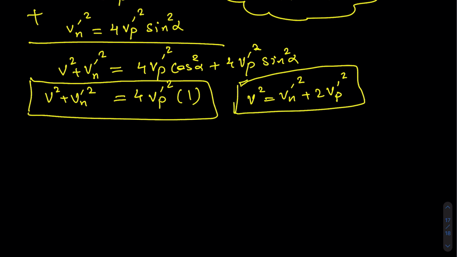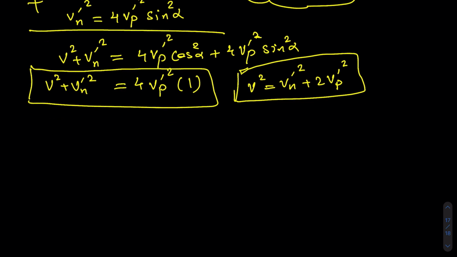We can actually simplify them, because if we add them up, we will get a new equation. Let me just rearrange this equation again. V squared minus v nucleus prime squared is equal to 2 vp prime squared, which is the velocity of particle after collision.